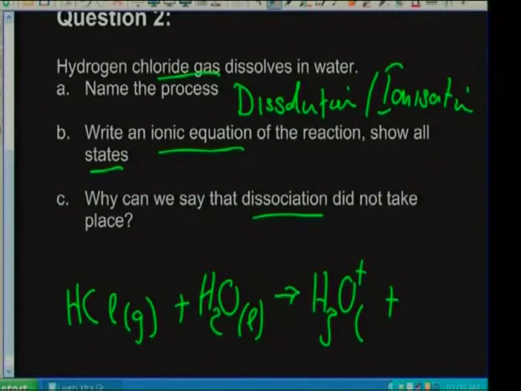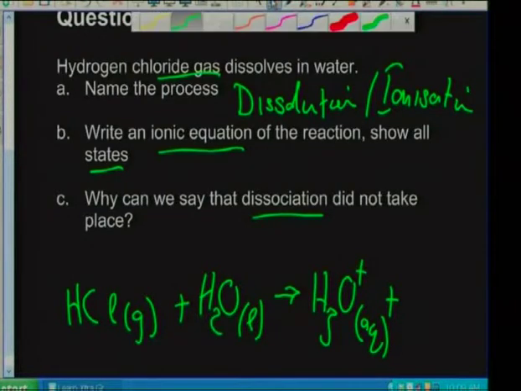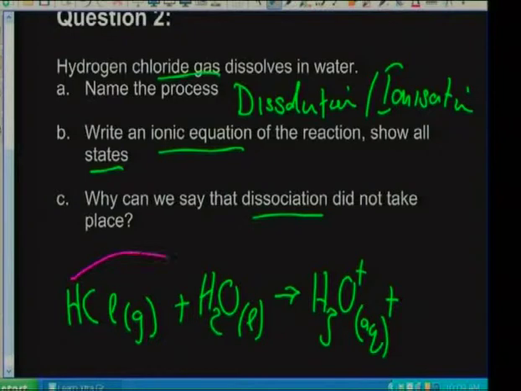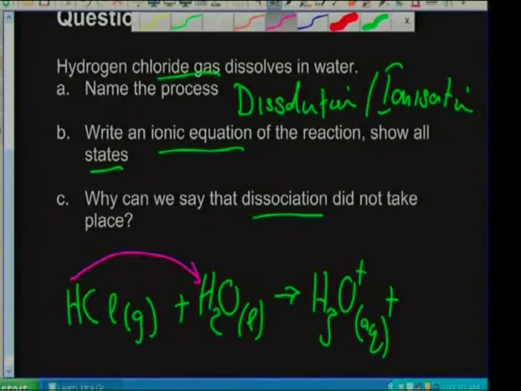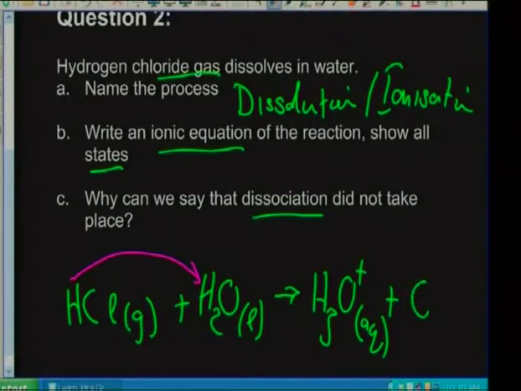One hydrogen from this hydrogen chloride joins onto the water to form H3O+, and leaves behind for us the Cl- in aqueous solution. And there we go. We've got the formation of ions, and that's why we can say it's either ionization or dissolution. The dissolving process is called dissolution.